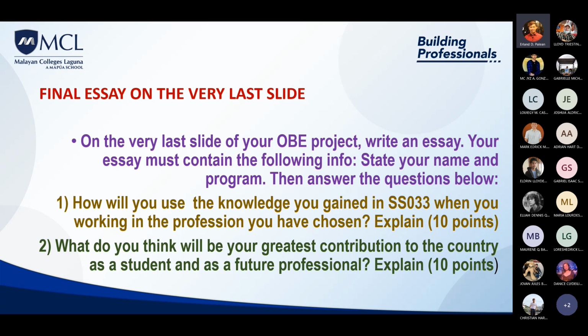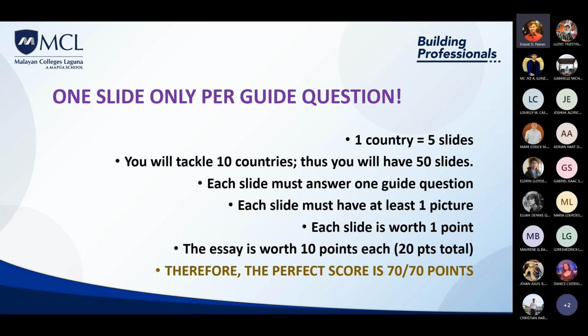Now, what do you think will be your greatest contribution to the country as a student and as a future professional? So you'd have to explain this. This is worth another 10 points. So that is a total of 70 points. Here you see one country, you got 5 slides. Now you will be tackling 10 countries, thus you would have 50 slides. Each slide must answer one guide question, and each slide must have at least one picture.